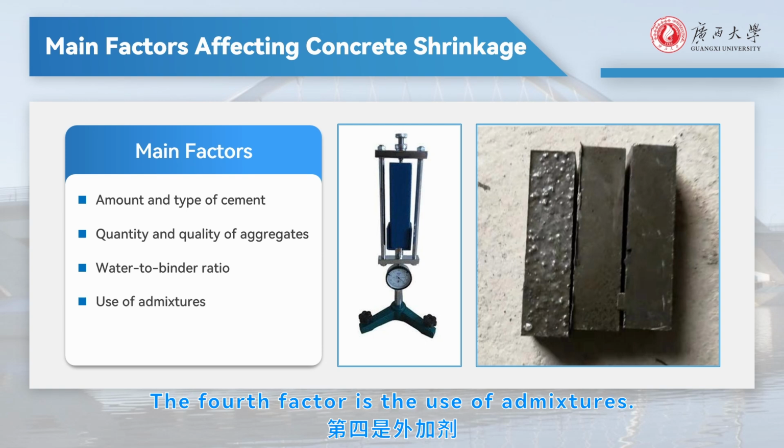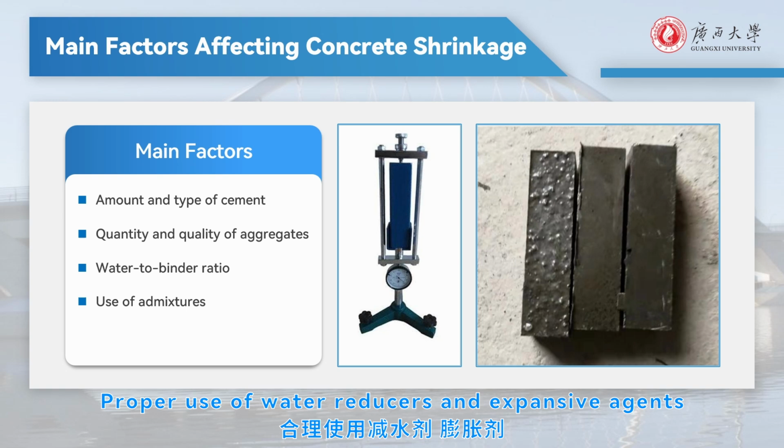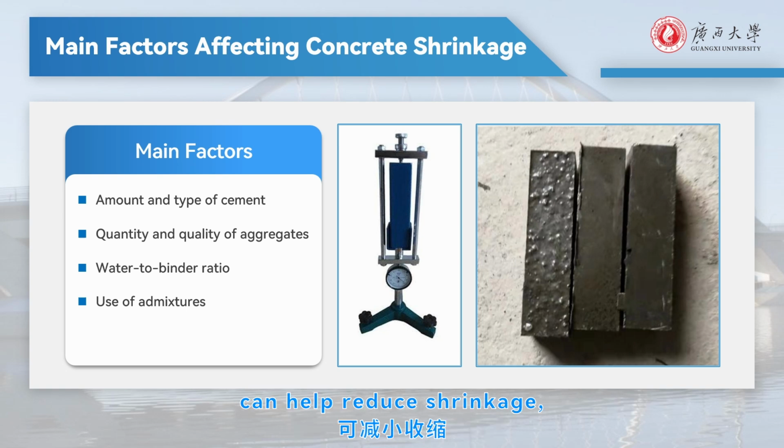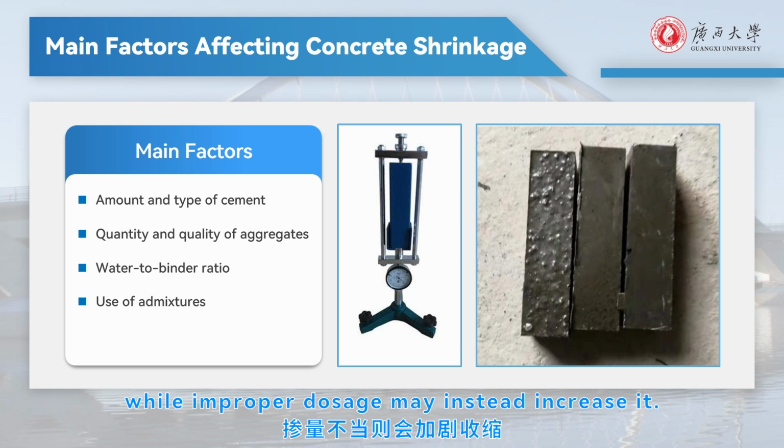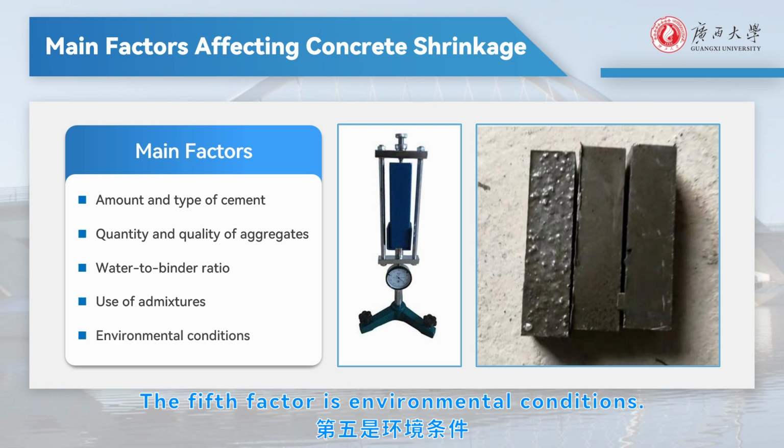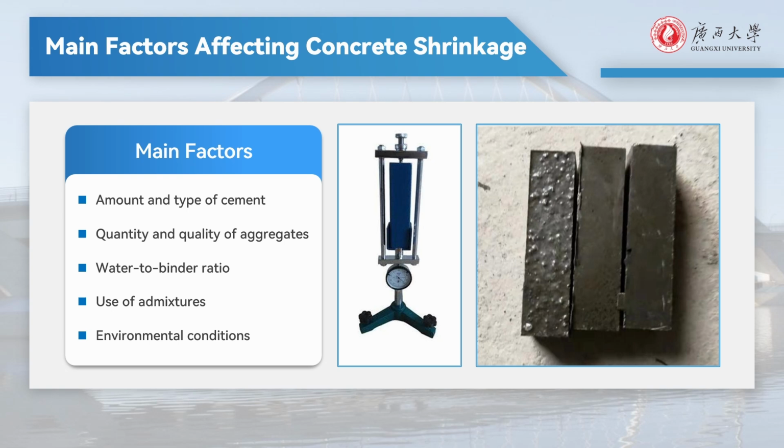The fourth factor is the use of admixtures. Proper use of water reducers and expansive agents can help reduce shrinkage, while improper dosage may instead increase it. The fifth factor is environmental conditions. High temperatures, low humidity, and strong winds accelerate moisture evaporation and increase drying shrinkage, whereas adequate moisture curing can significantly reduce shrinkage.